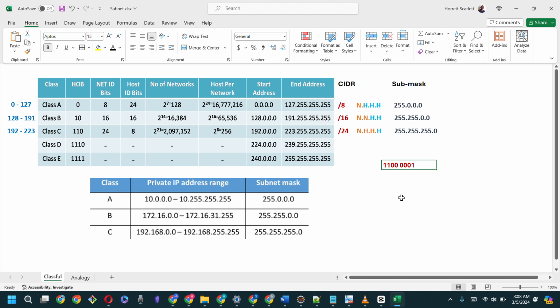Why? Because we look at the first 3 bits, and that pattern matches what class C expects, which is 1, 1, and a 0.